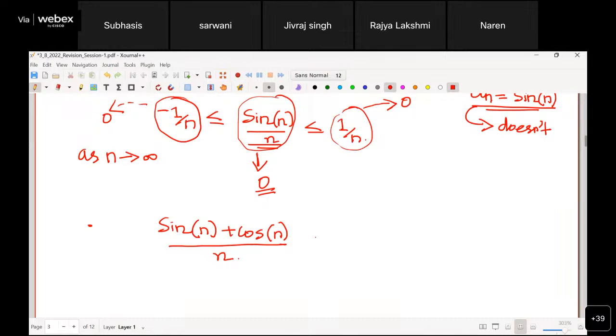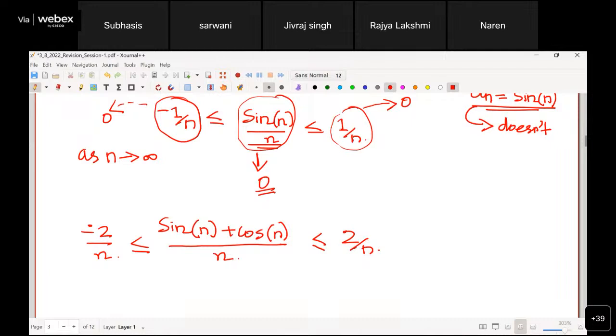Why? Because you can give the same argument. Sin n is bounded by 1, cos n is bounded by 1, so the sum of both is bounded by 2, giving 2 by n and minus 2 by n. So you can apply the same.